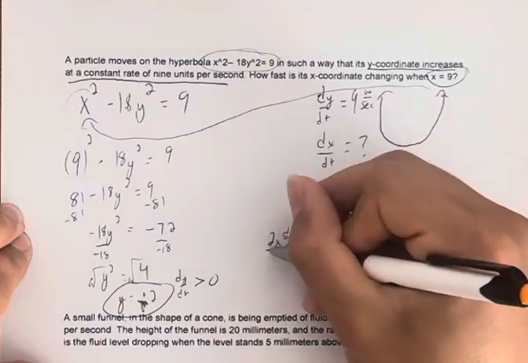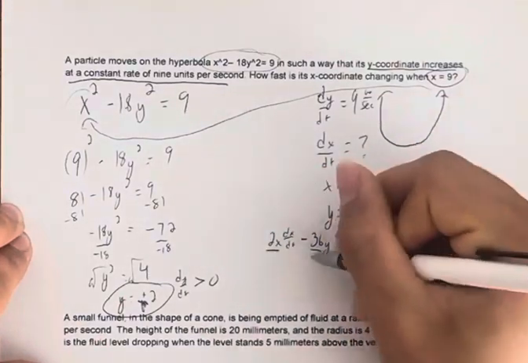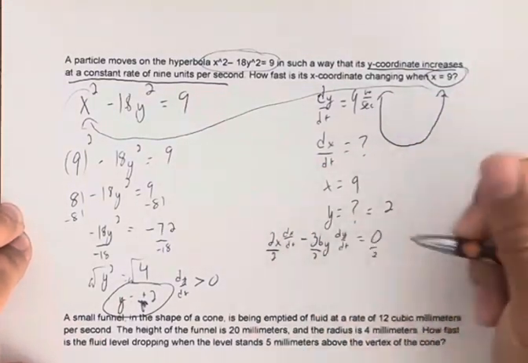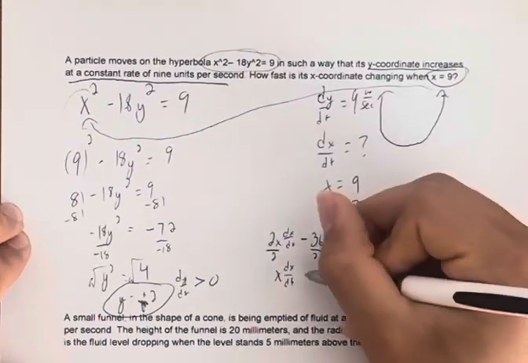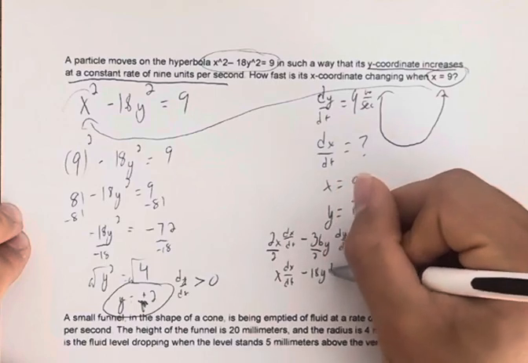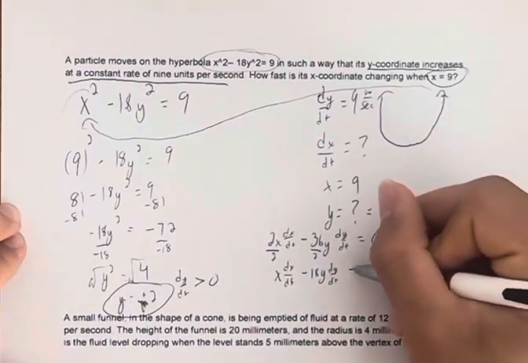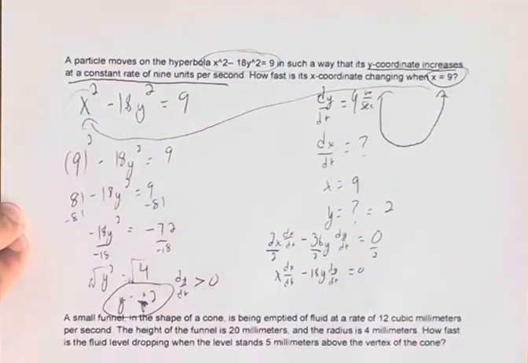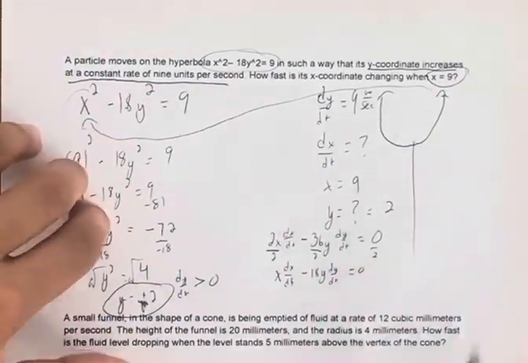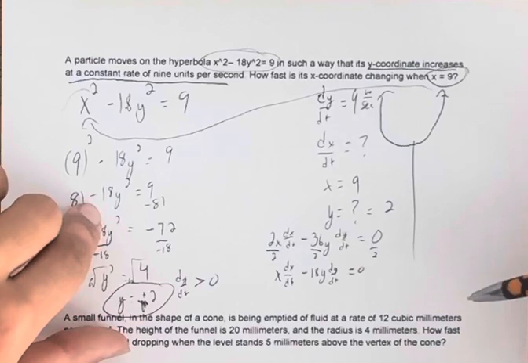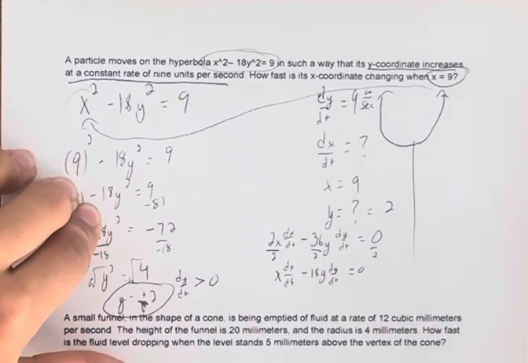Now, I can divide everything by 2, which would get me x dx/dt minus 18y dy/dt equals 0. I'm going to finish up over here. I need to get dx/dt by itself because that's what we need to find.